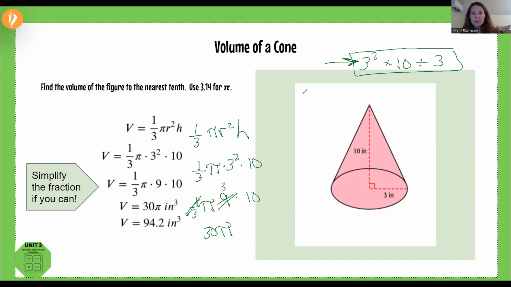So if you don't want to mess with that fraction button, that's fine. Just after you type everything else in, the last thing you do, just divide by 3, and that will give you 30. Make sure if you leave it in terms of pi, make sure you add that symbol. But then even if you take this and multiply that in your calculator by 3.14, you're going to get the same answer. Okay? I hope that makes sense, guys.